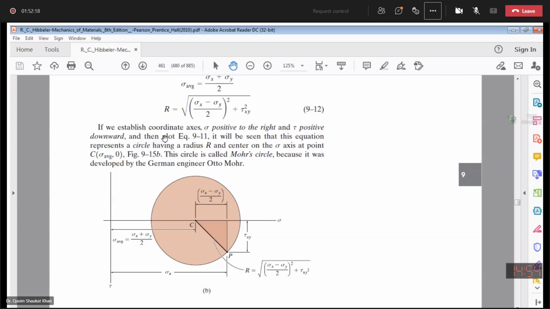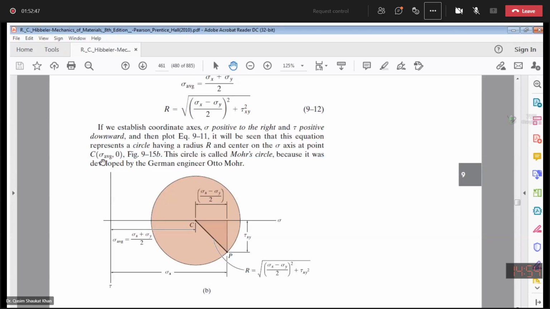So we establish the coordinate axis: sigma positive to the right, and shear stress positive downward. Now if you have the plane stress state, the first thing is you have to calculate the average normal stress, which is sigma x plus sigma y over 2.